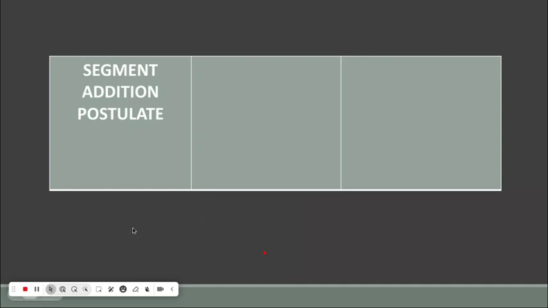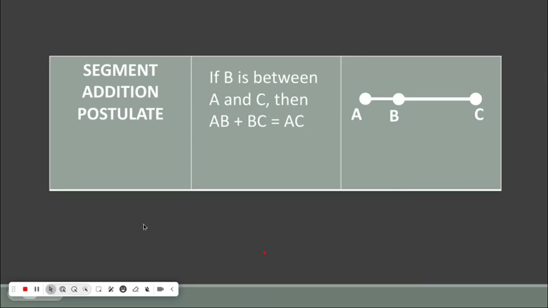All right, now we get into the segment addition postulate. This is going to tell us that if B is between A and C, then I have a segment AB, and if I add up BC to it, you will get an entire segment of AC.